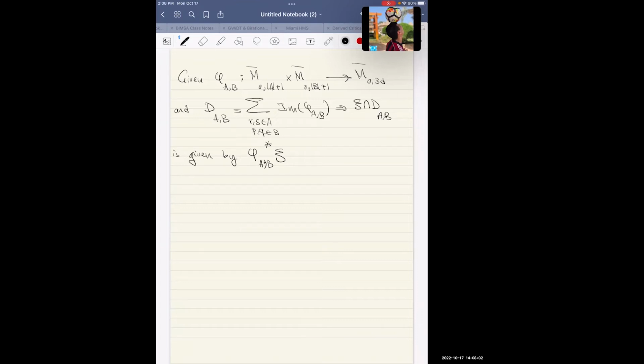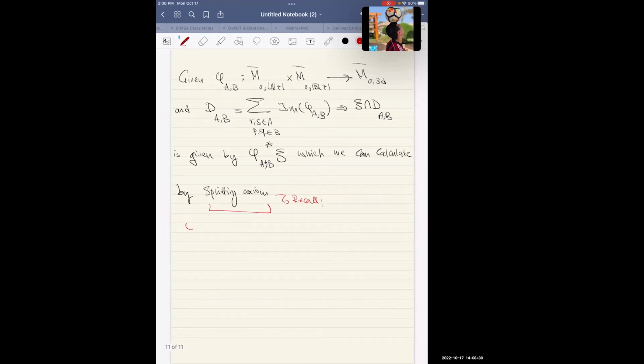Which we can calculate by the splitting axiom that we had before. Splitting axiom. So what is that going to be? Splitting axiom, recall.